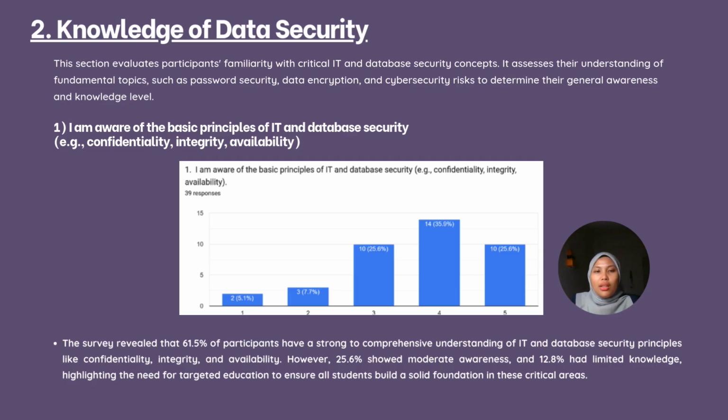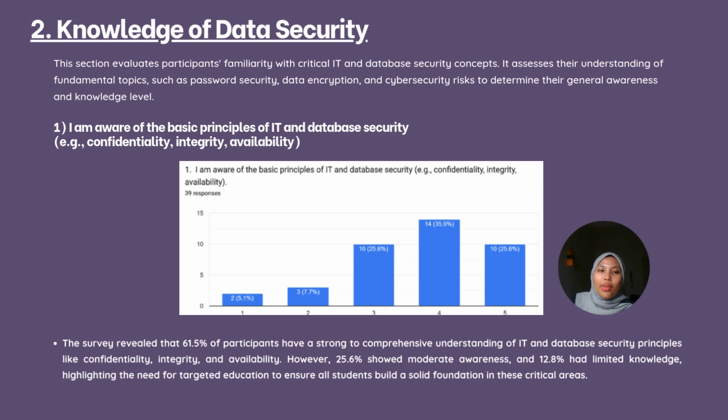So this is the bar chart for knowledge of data security. This bar chart displays responses to statement number one: I am aware of the basic principles of IT and database security, for example confidentiality, availability and integrity. This chart summarizes responses from 39 participants.